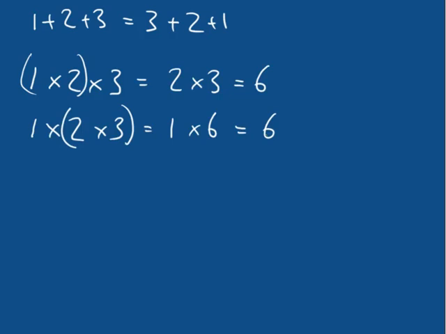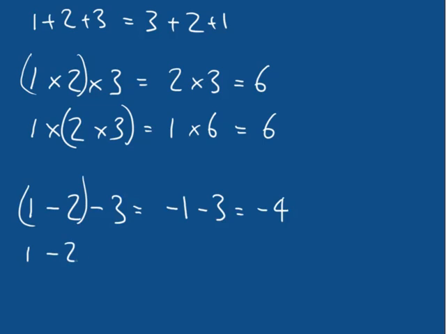Subtraction is not associative. If we were to have 1 minus 2 minus 3, if I was to group the 1 and the 2 together, that gives us 1 minus 2 is minus 1, minus 3 is minus 4. However, if I was to group the 2 and the 3 together, that gives us 2 minus 3 is minus 1, which is 1 plus 1, because we have two negatives there, which is 2.